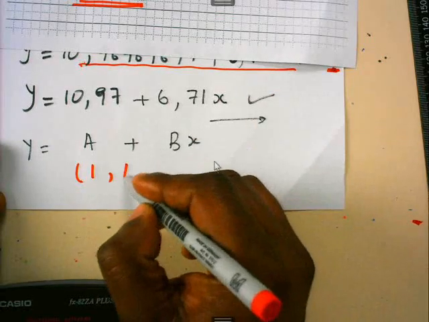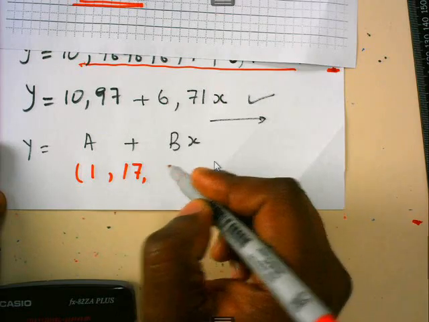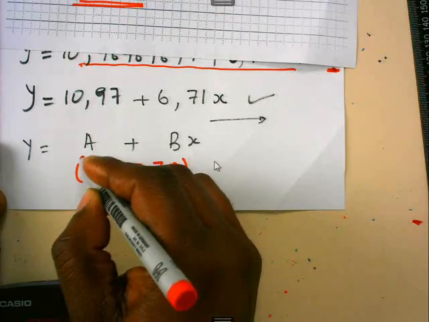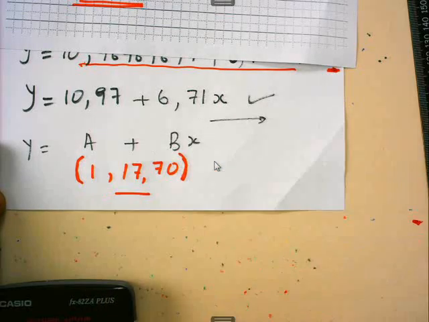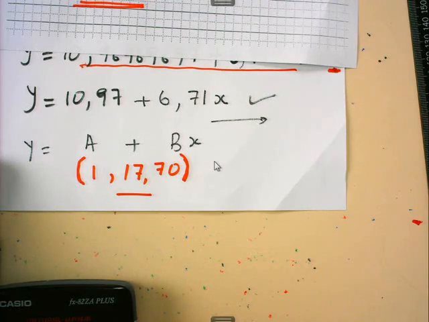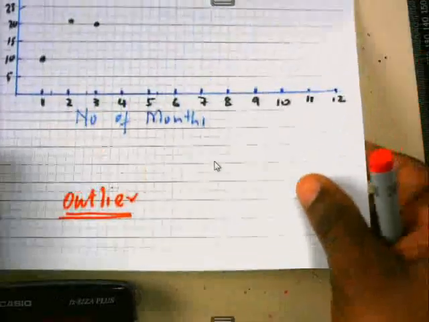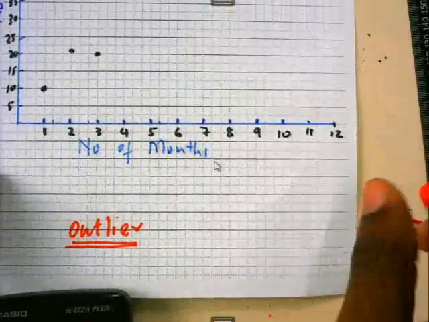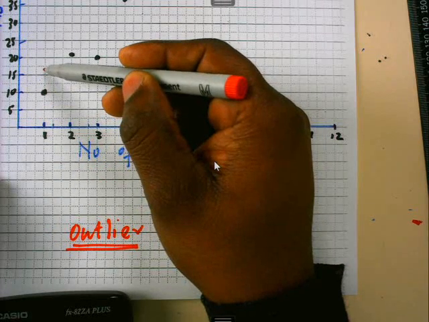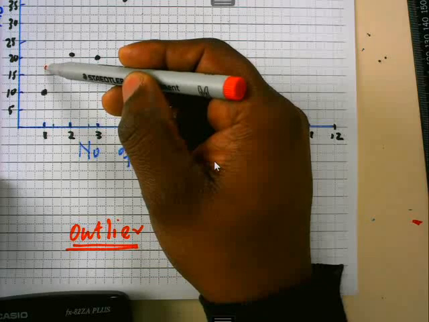The calculator says 17.70. So on our scatter plot, if x is 1, y is 17.70, somewhere here. You see that point?